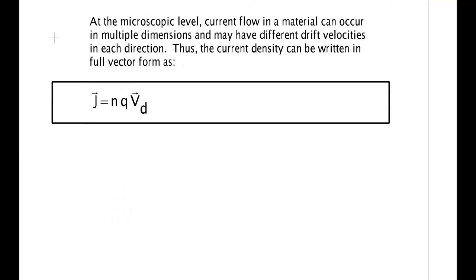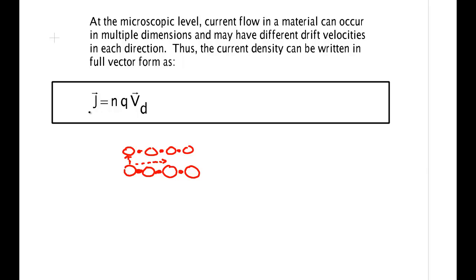Now, at the microscopic level, it is possible that the drift velocity will not be the same in all directions. For instance, you might have a material like a crystal, and the atoms may be bound pretty tight in one direction a lot more than in another direction. Same thing in polymers and such. So if we use this model for something other than a pure metal, it might be difficult for the electron to go in one direction, so it has a very low drift velocity, and a much faster drift velocity in another direction.